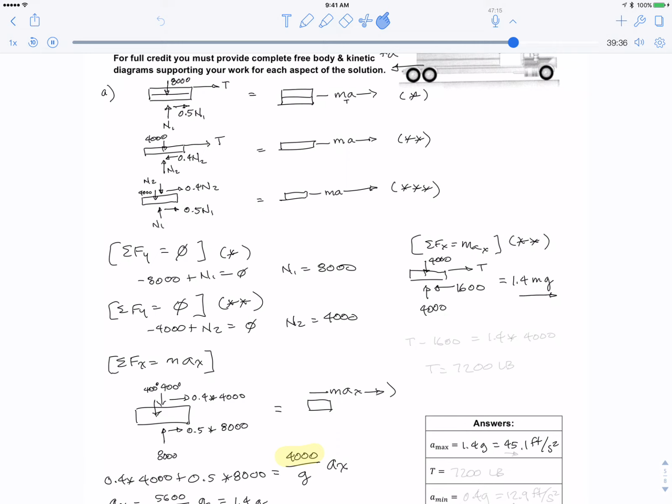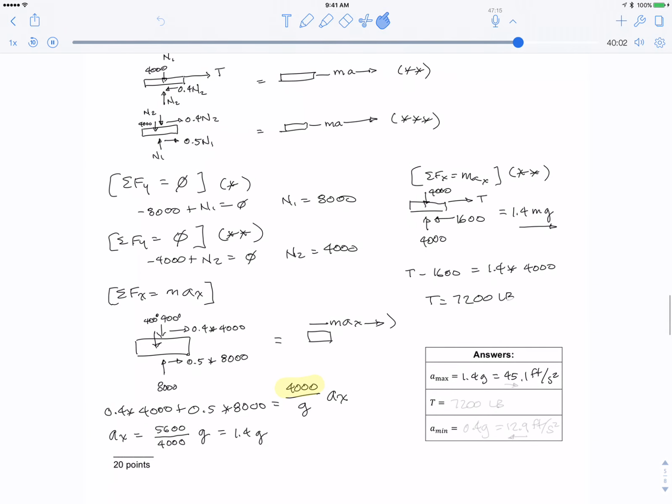So you get T minus 1,600 equals 1.4 times the weight, which for that one was 4,000. It was just one block. Okay, and so T equals 7,200 pounds.